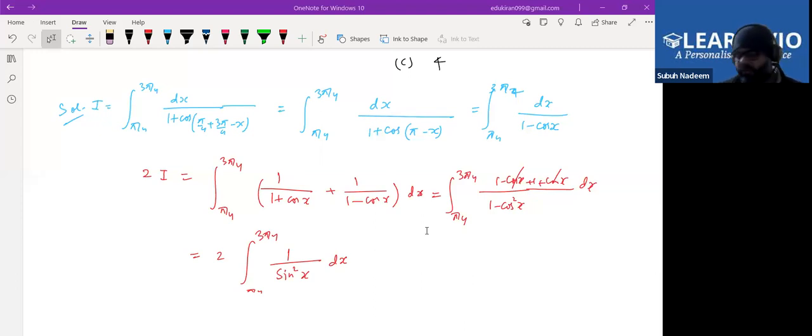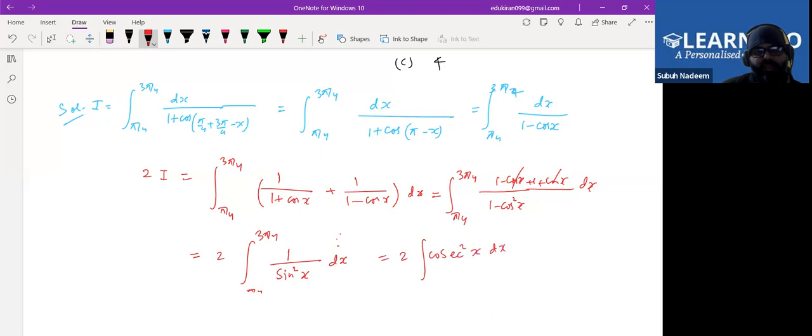Now I don't think you should feel much difficulty. So this is 2 times 1 by sin square x, and the reciprocal of sin square x is cosec square x.